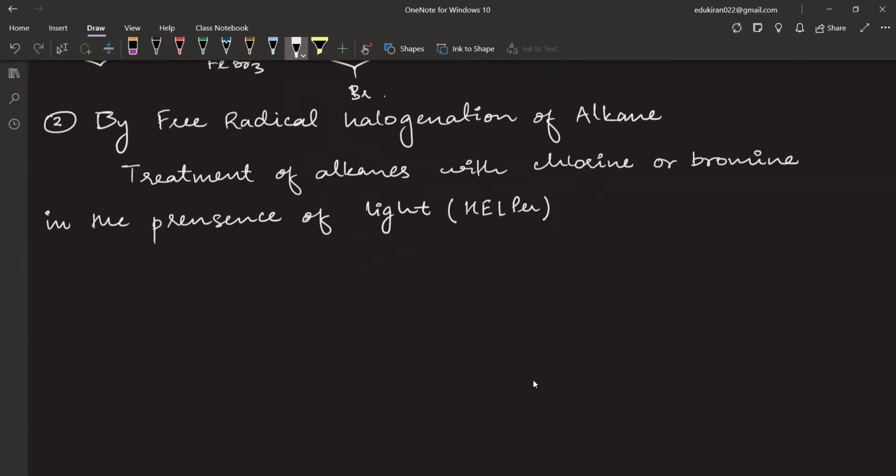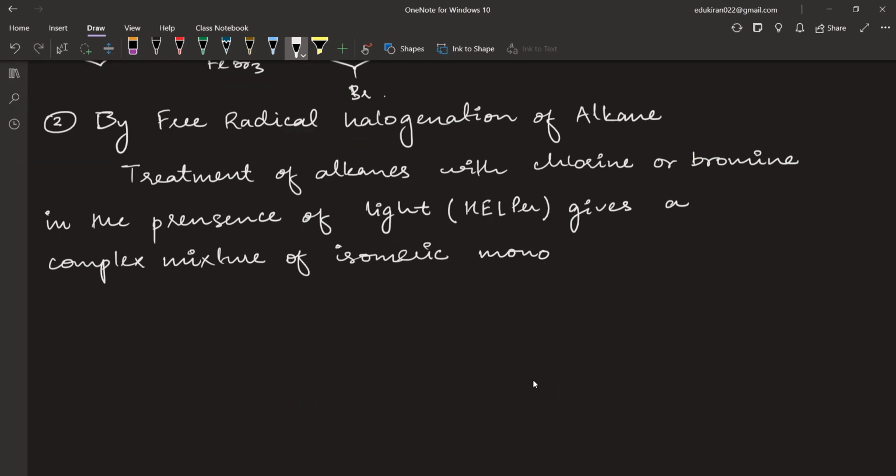Okay, you will write helper. Gives a complex mixture of isomeric, mono, and poly alkyl halides.